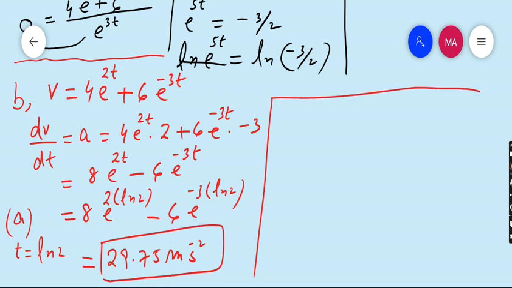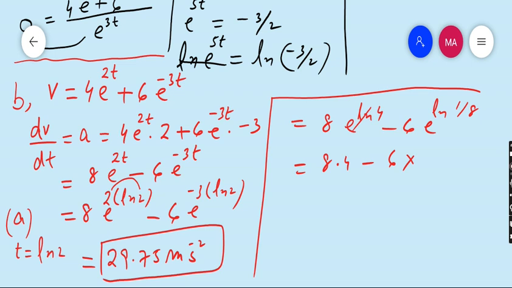Or if I show you the working: 8e, this 2 must become the power of ln, so e^(ln 2 squared) is 4, minus 6e^(ln 2 to the power minus 3) is 1 upon 8. ln and e cancel. So 8 into 4 minus 6 into 1 upon 8. So 32 minus 6 upon 8.